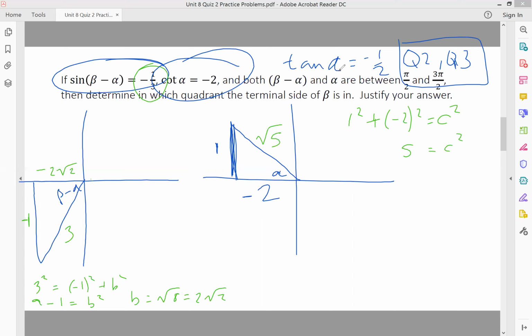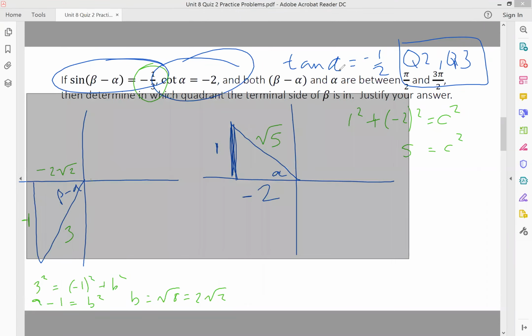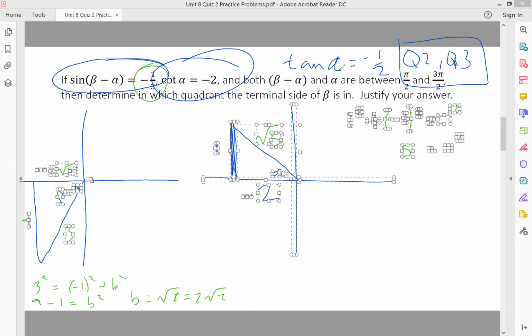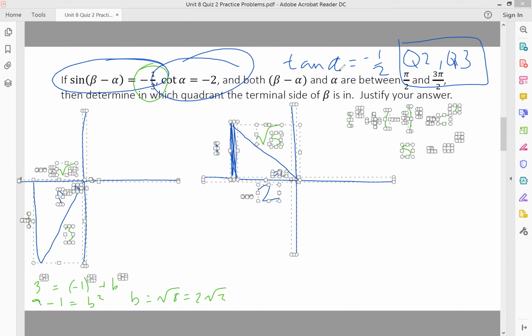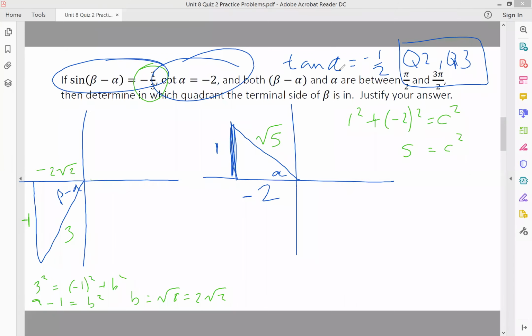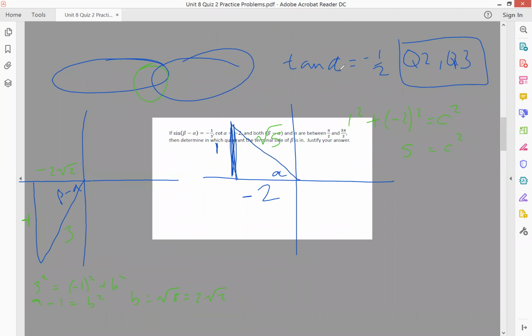All right, so I'm going to go ahead and try to make some of that smaller, if this allows me to. Maybe not. Nope. Whoa, okay.